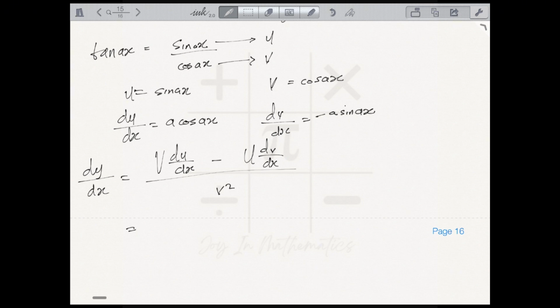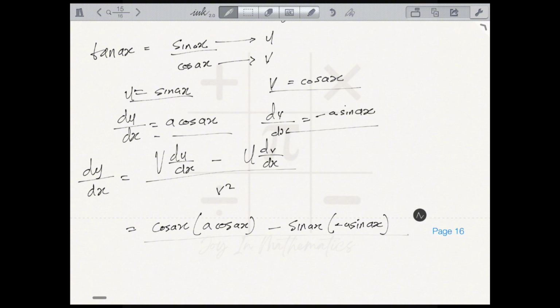So our v is cos ax, our du dx is a cos ax, minus our u, which is sine ax, and our dv dx is minus a sine ax. Everything divided by v squared, which is cos ax squared.